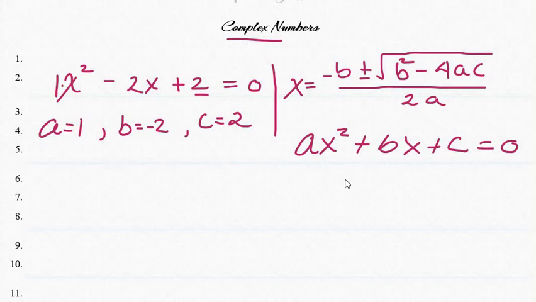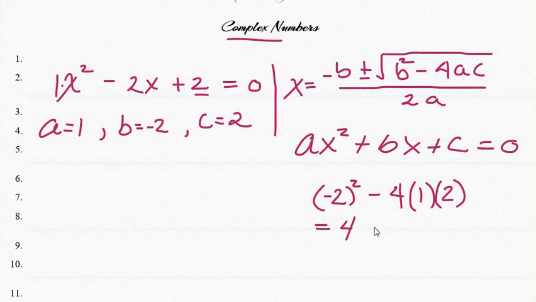We have b squared, which is negative 2 squared, minus 4 times a, which is 1, times c, which is 2. What do we got? Negative 2 squared is 4, minus 8 is negative 4.